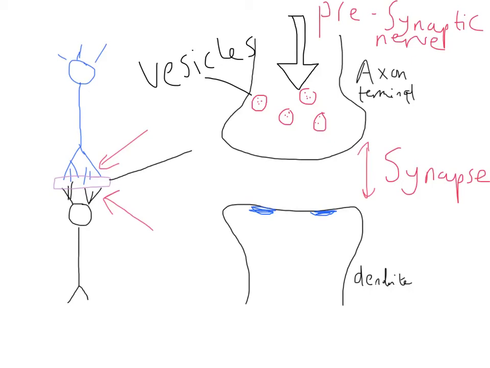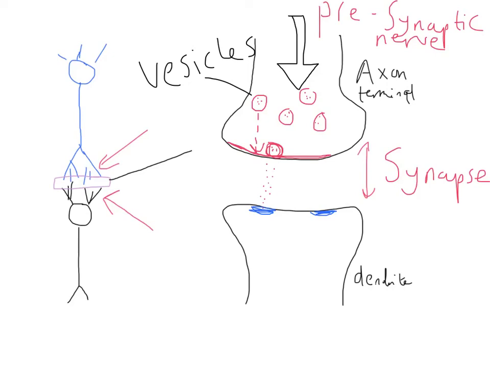When the impulse reaches an axon terminal, these vesicles of neurotransmitter move down towards this membrane of the nerve. So this would be called the presynaptic membrane. And this vesicle actually fuses with that membrane. So we'll just draw a little vesicle there with the chemical inside. Upon fusing, that vesicle actually bursts. And the chemical, the neurotransmitter, is released across the gap, and it simply diffuses across the gap.